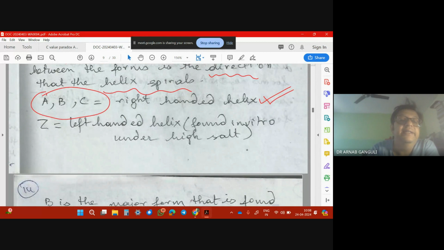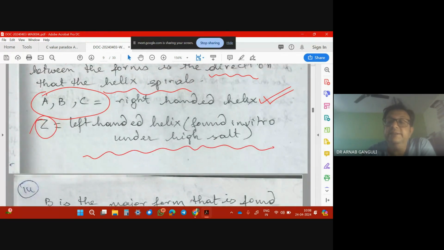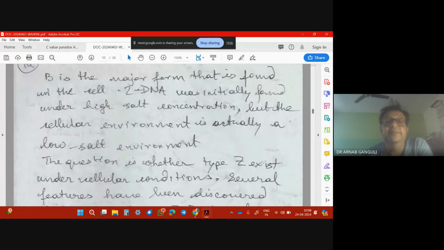And Z DNA has a left-handed helix. But this doesn't occur naturally. It is found in vitro. You can make a Z DNA helix under high salt concentrations. So the B form is the major form that is found in the cell.